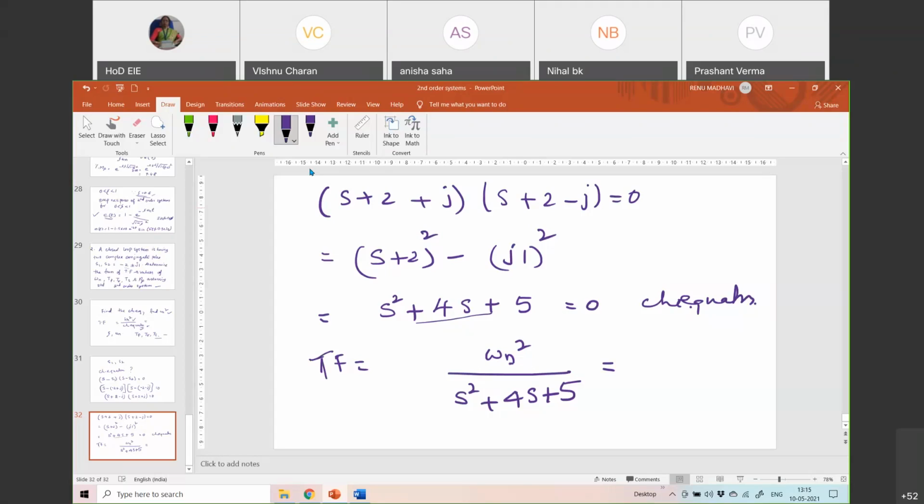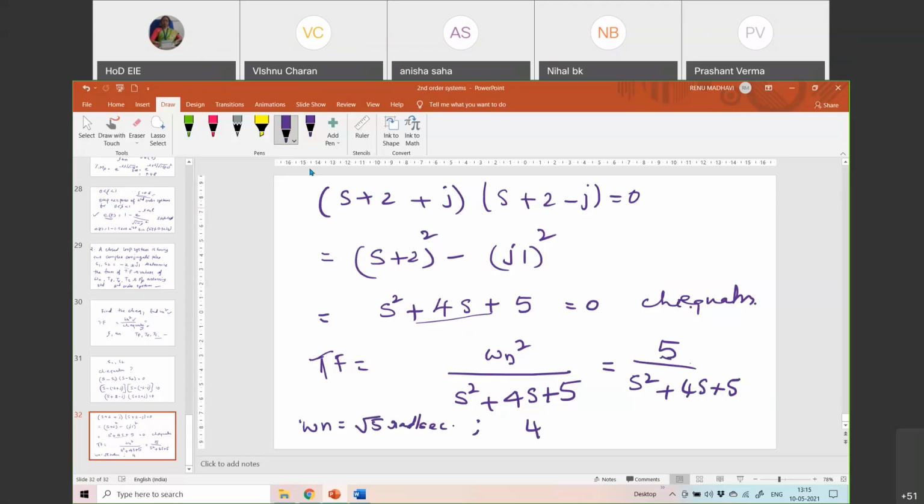Spurti, can you tell me? 5, ma'am. 5. Wonderful. So this is the transfer function of the given system. When you compare it with the standard form, omega n square is 5, so omega n is root 5 radians per second.